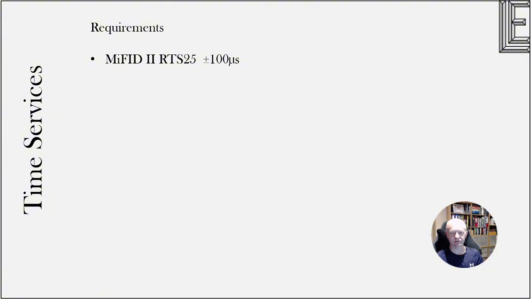For an exchange that works at modern speeds, that is, it has a gateway-to-gateway latency of less than a millisecond, the maximum permitted divergence from UTC under MiFID II is 100 microseconds. At this stage, the operational teams usually add that they need much higher accuracy than 100 microseconds.